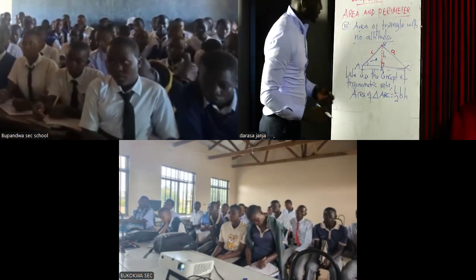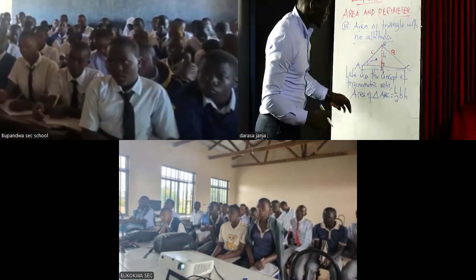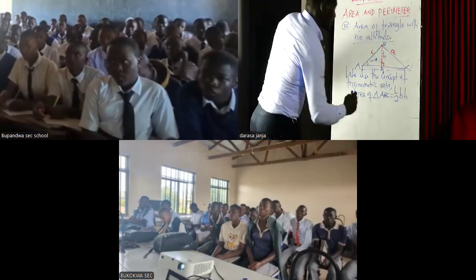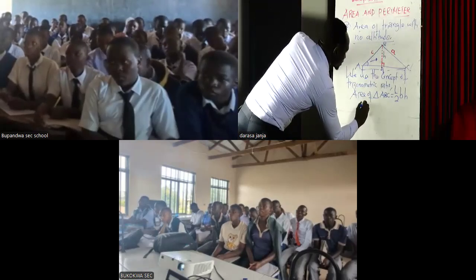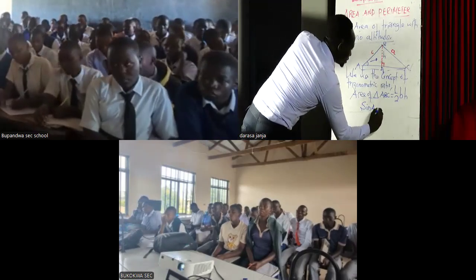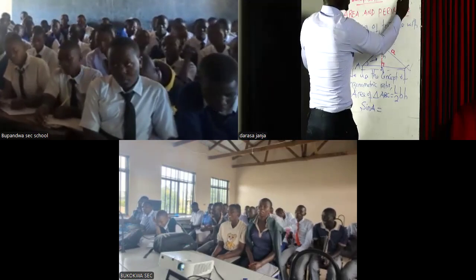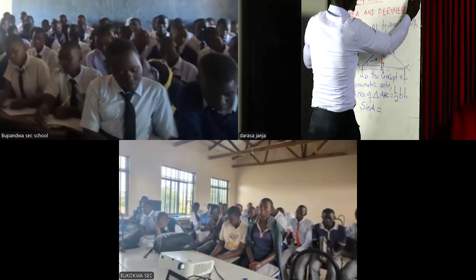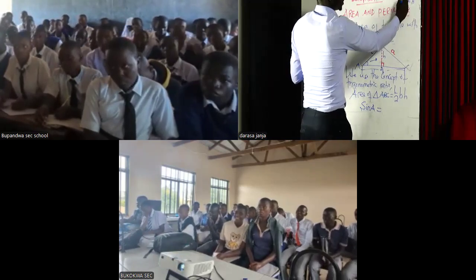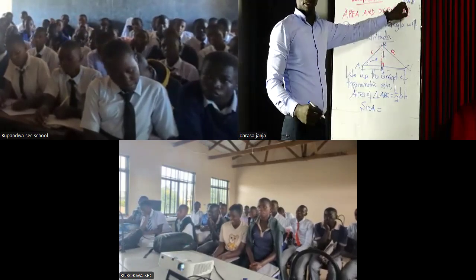If you are going to put these relations in the trigonometric relation, haya yanaonekana chini. Let me read this. I'm just reading sine of this angle A, is equal to, you're using the concept of SOH CAH TOA, but as how you have learned in Form 2, is equal to opposite over hypotenuse, which is sine.